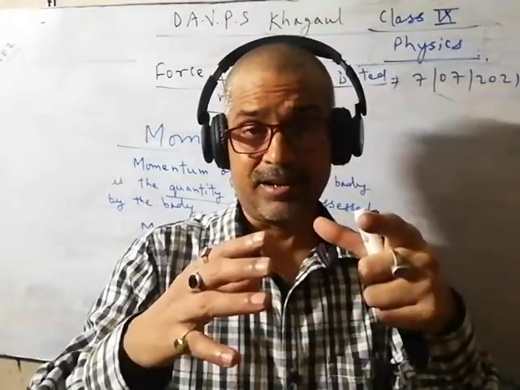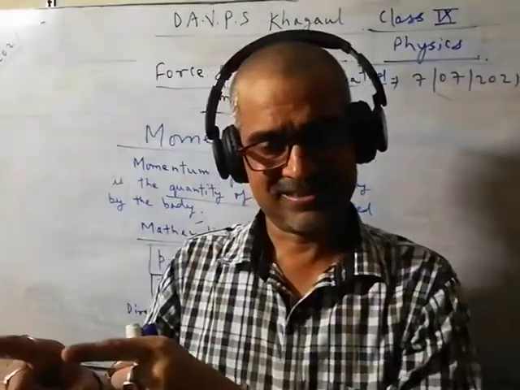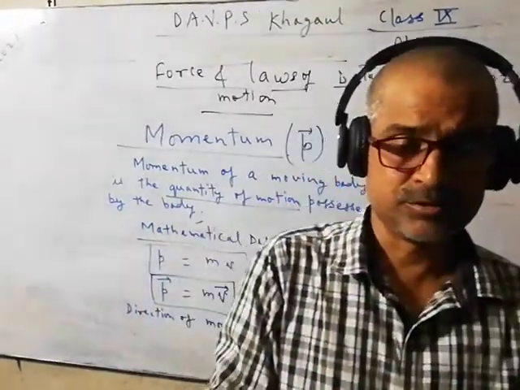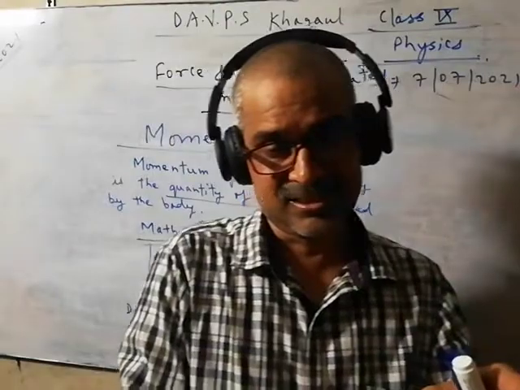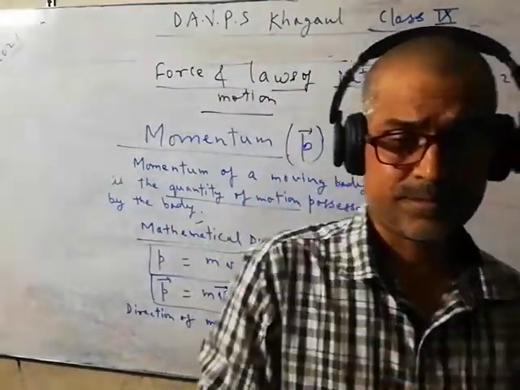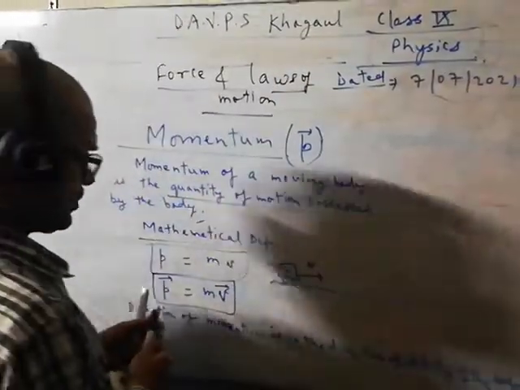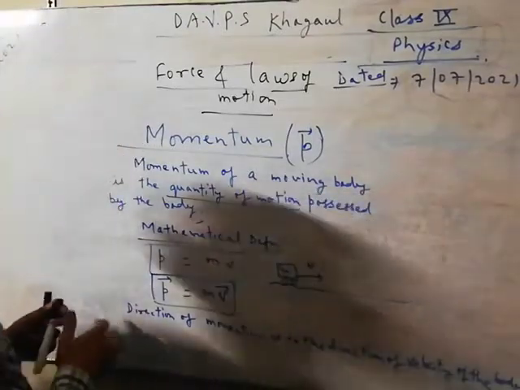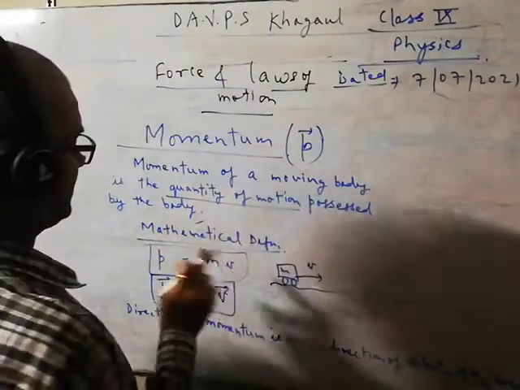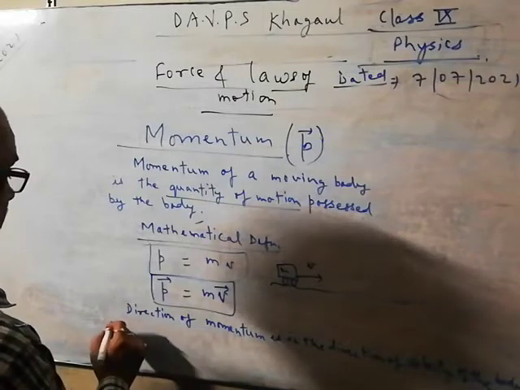You know, a car and a truck moving with the same velocity in the same direction, the car will have less momentum due to its less mass. So momentum depends on velocity as well as mass. We can understand this by graph also. But here, if we have to define momentum, then we can give the mathematical definition of momentum mathematically.